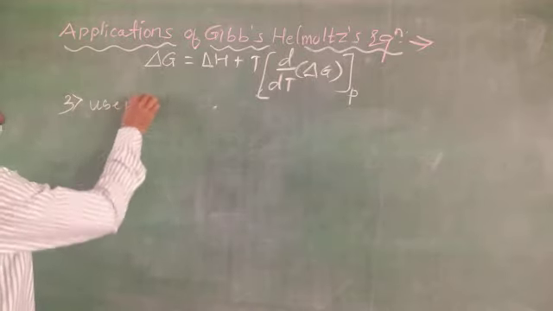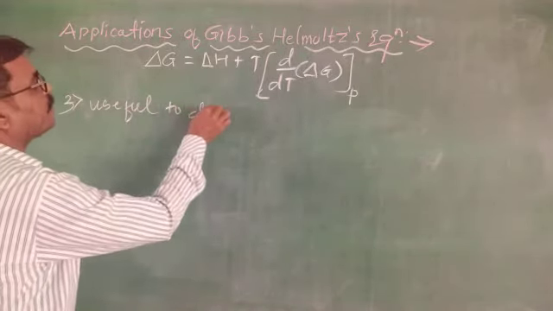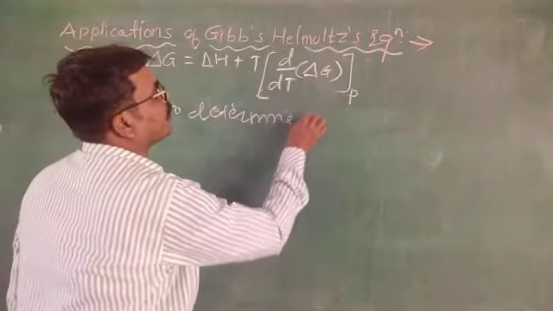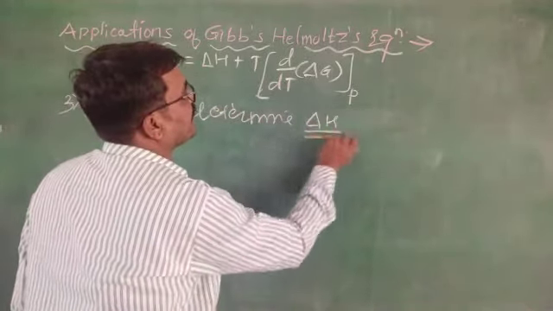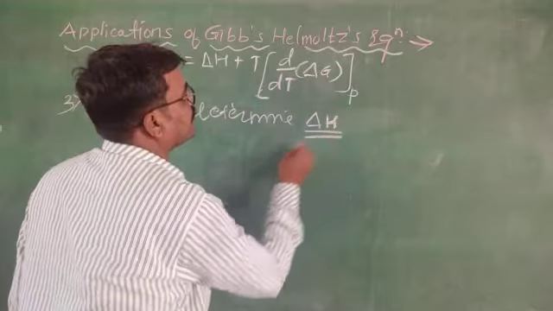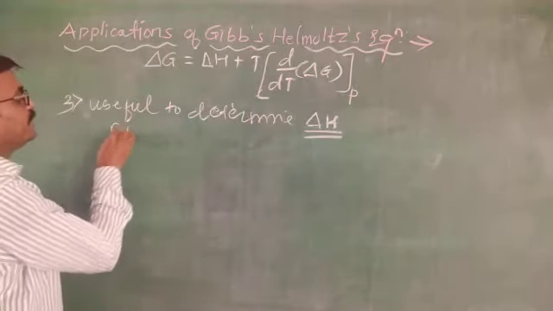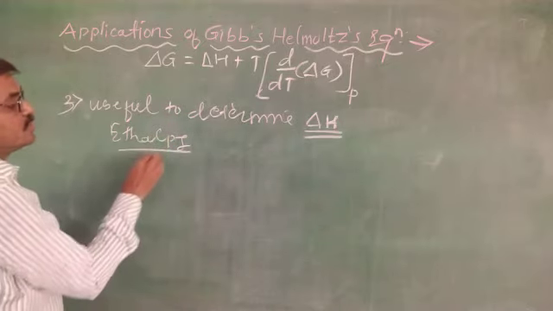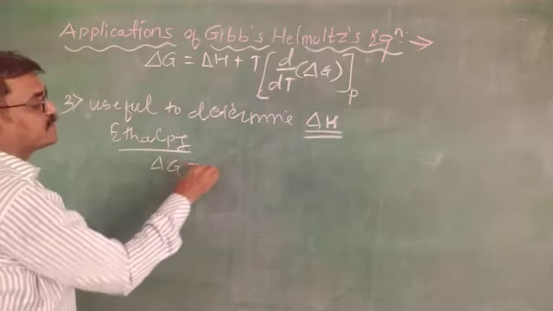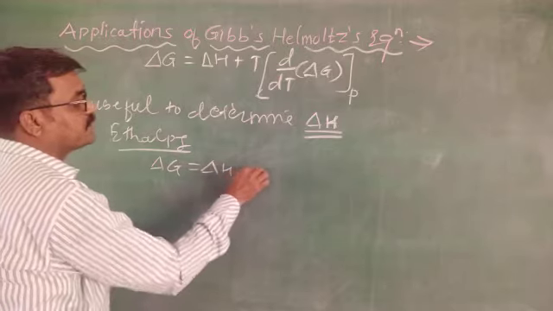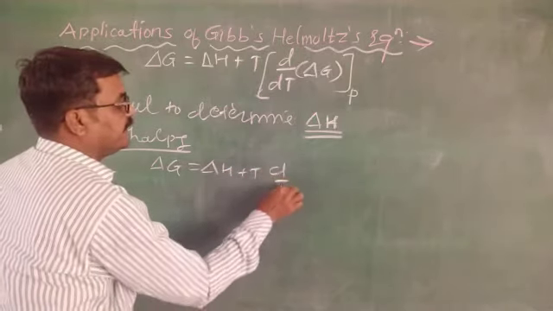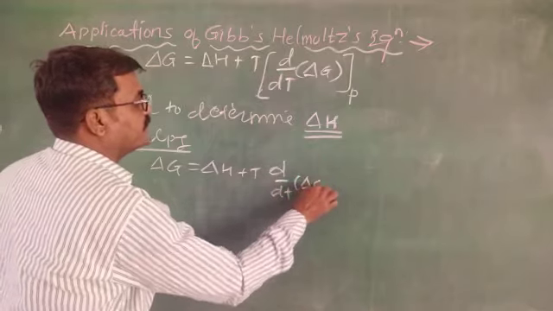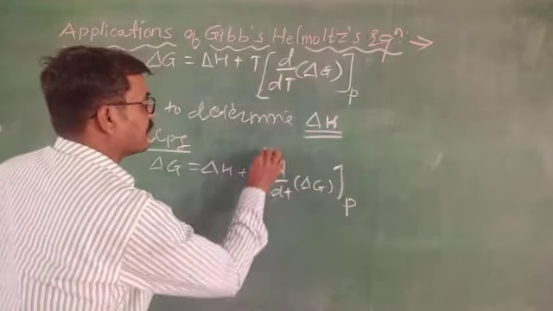useful to determine the entropy change, that is delta S, and the enthalpy change, to determine the enthalpy of a reaction. Because this is the Gibbs-Helmholtz equation, delta G equals delta H plus T into d/dT of delta G at constant pressure.